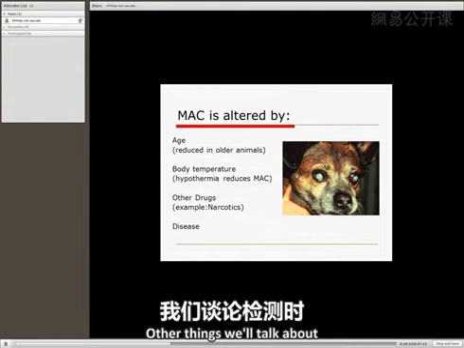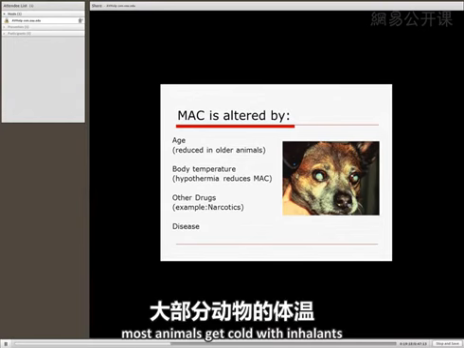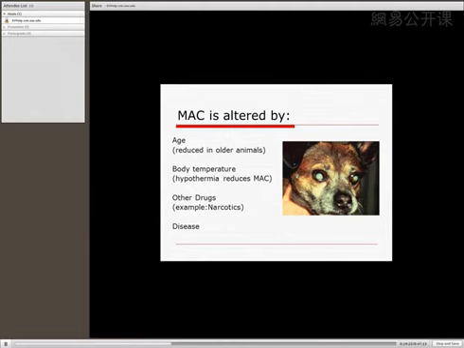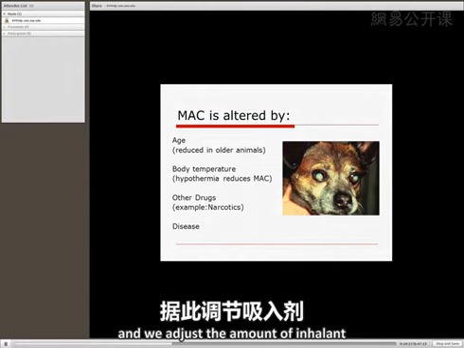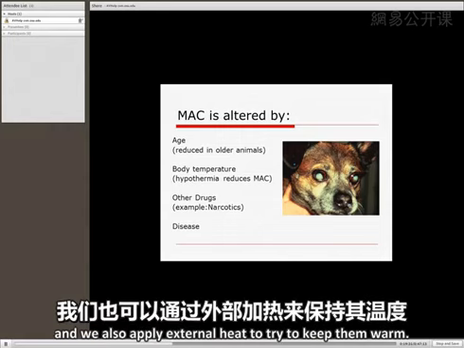One of the things we'll talk about when we talk about monitoring is that most animals get cold with inhalants, or any of the anesthetic agents actually. So we watch their body temperature and we adjust the amount of inhalant or any other agent that we're delivering based on that, and we also apply external heat to try to keep them warm.